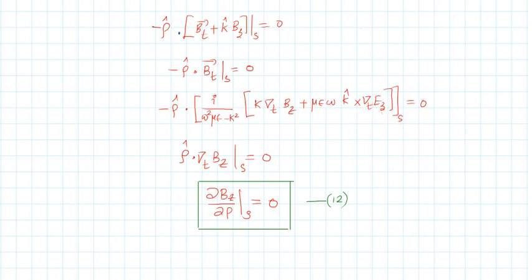First term, these constants I can neglect. So remaining is rho cap dot del t Bz, evaluated on the surface is 0. What is rho cap dot del t Bz? Del t Bz is gradient. Along the rho cap direction means it is the normal derivative. It is dou Bz by dou rho evaluated on the surface. This is the boundary condition for Bz.